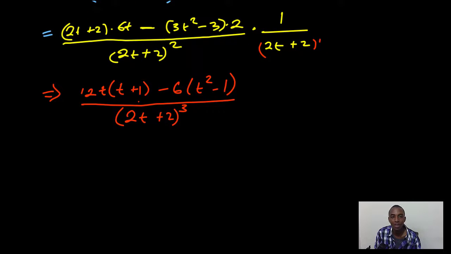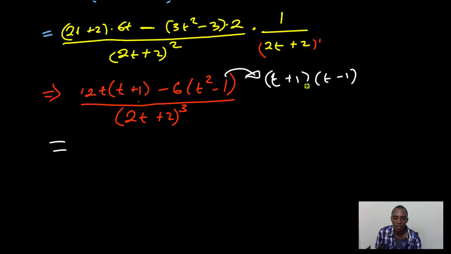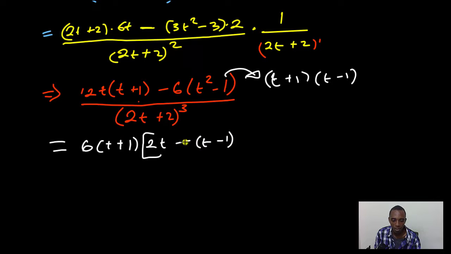It's always a nice practice to simplify expressions in math. So let's see what we've got here. This can be written as (t plus 1) into (t minus 1). I think we've got a common factor here of 6(t plus 1). Let's factorize out 6 here. So we'll remain with 2t minus, and having factorized out a 6, we have t plus 1 or t minus 1, which if I enter this, will become minus t plus 1.